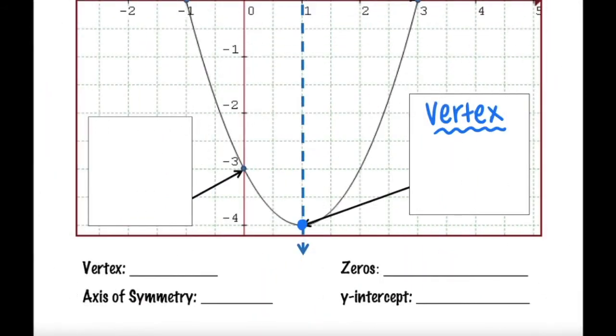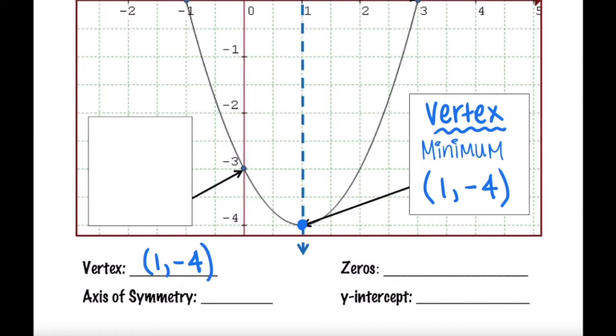So for this particular parabola, because the vertex is the lowest point on our graph, we would say that this vertex is a minimum. And the coordinates of this vertex are where x is 1 and y is -4. So we're just going to come down here and label that. The vertex is where x is 1 and y is -4.